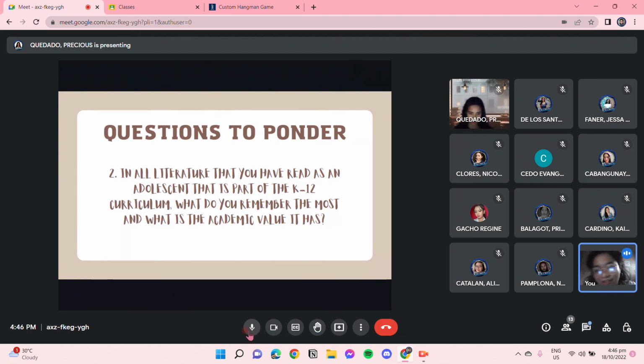In all literature that you have read as an adolescent that is part of the K-12 curriculum, what do you think you remember the most and what is the academic value it has? Do you remember the 21st century literature when we were in senior high school? There are a lot of literary pieces that are required to read.